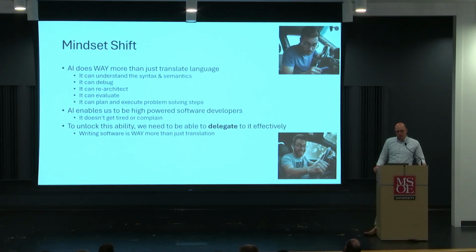To unlock the abilities that we have with these LLMs, we have to be able to delegate to them. And this is the big change that I've seen that is already here in software development: instead of being a programmer, structuring and designing the code yourself, we're going to be teaching students how to delegate to agents to do that.